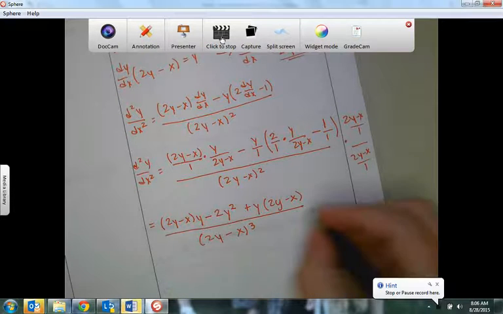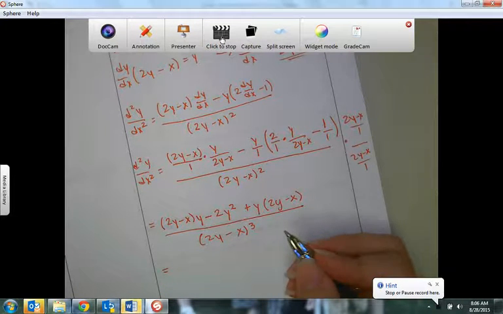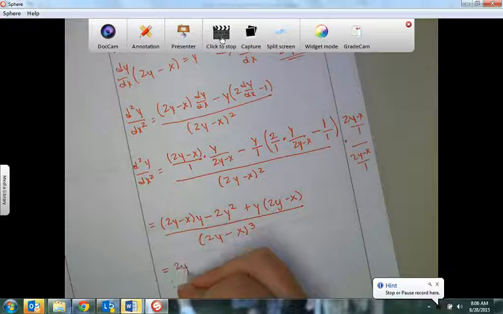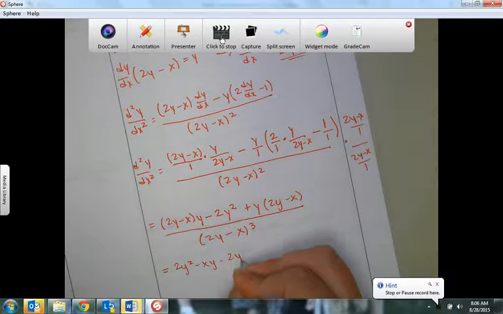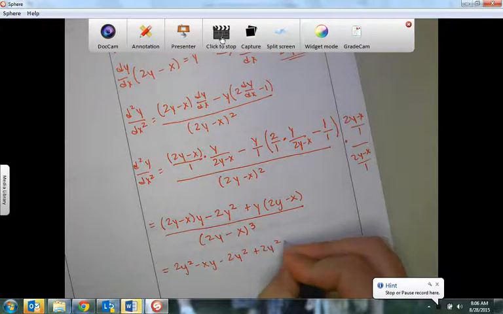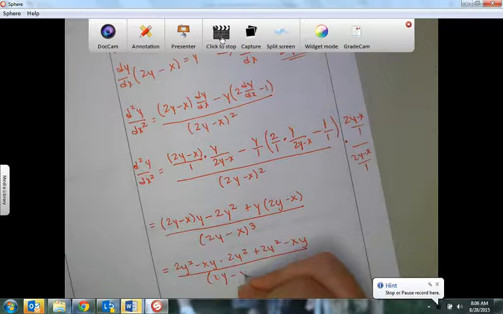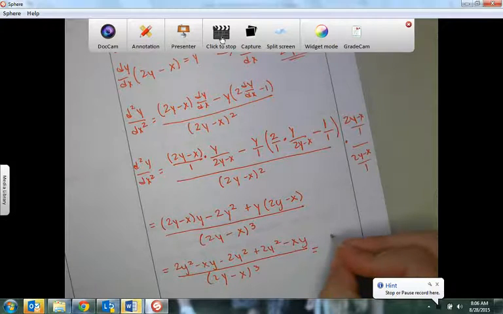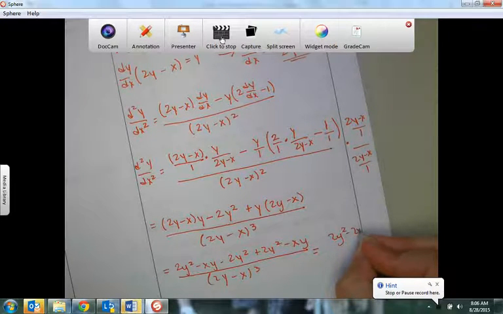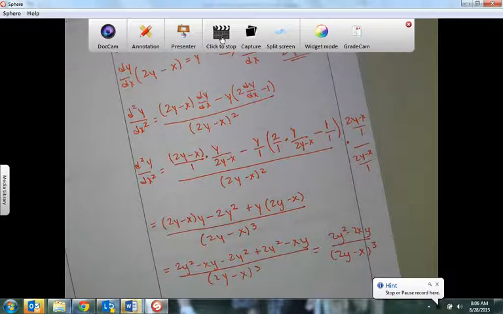And I'm going to go ahead and just make it look a little bit prettier. Okay, so that is my second derivative.